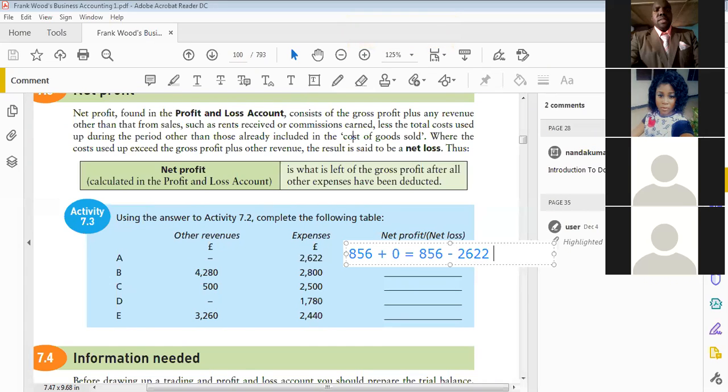When you do that, you have 856 minus 2622, and you get a net loss of 1,766. So this now will be the answer for this section, net loss. A negative figure, right?